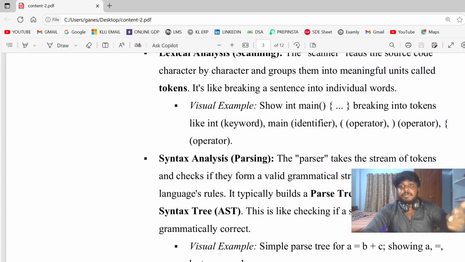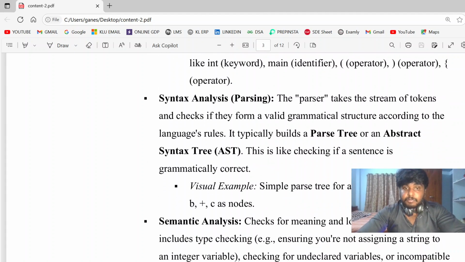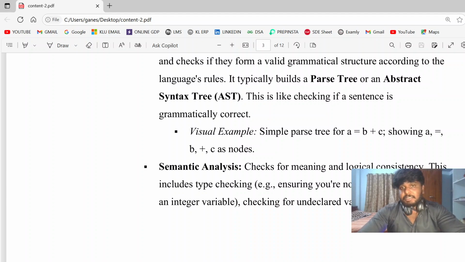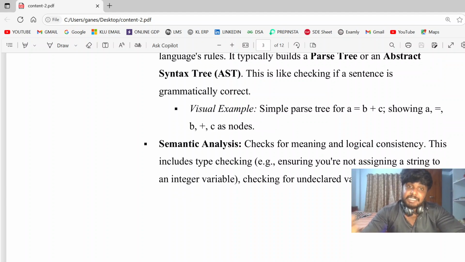In syntax analysis, the parser takes the stream of tokens and checks if they form a valid grammatical structure according to the language rules. It will check whether it follows the grammatical structure as per the language rules. Next, it undergoes semantic analysis, checking for meaningful or logical consistency.